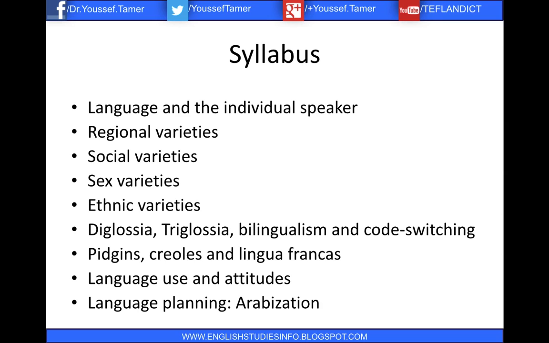Because as you know, during colonialism and shortly after independence, we used to have mostly everything in French, including mathematics in education. We used to have mathematics in French, geography in French, history in French.